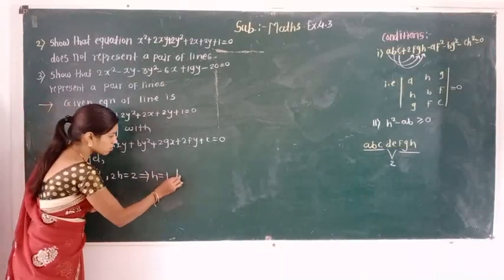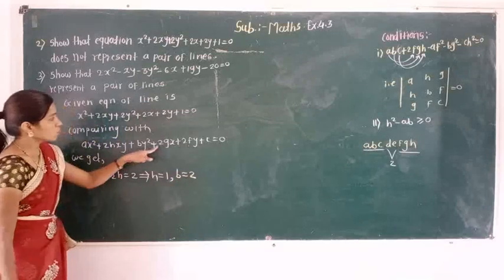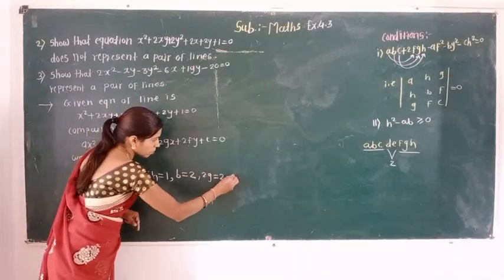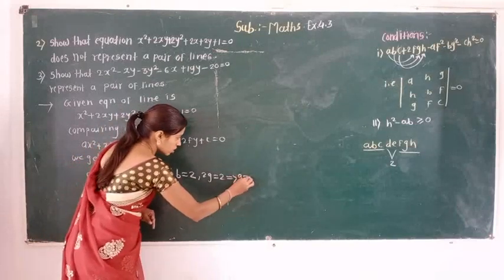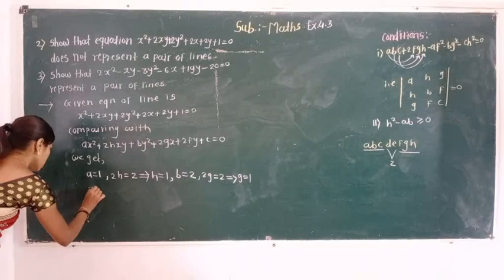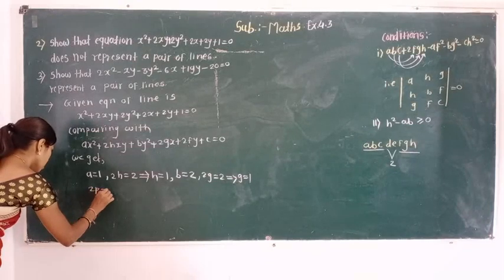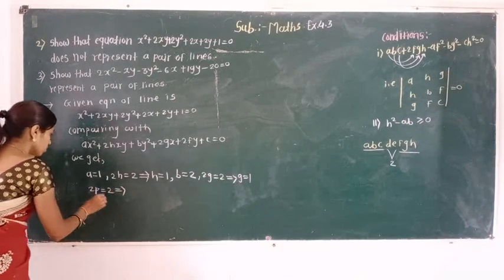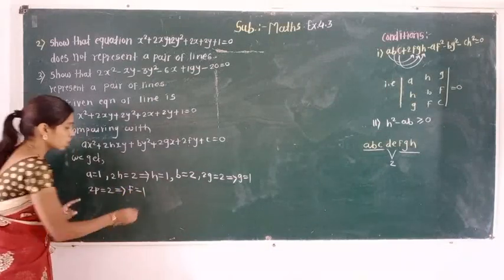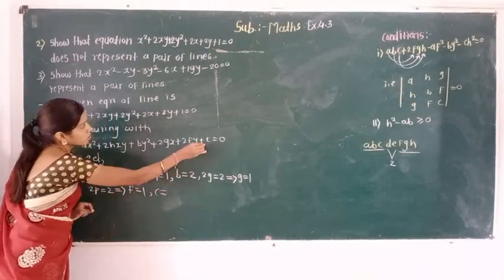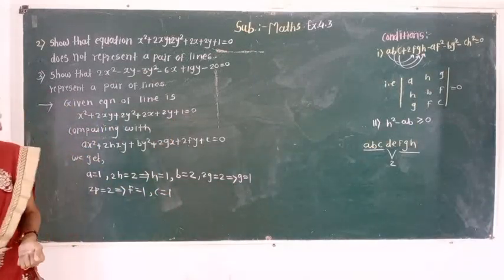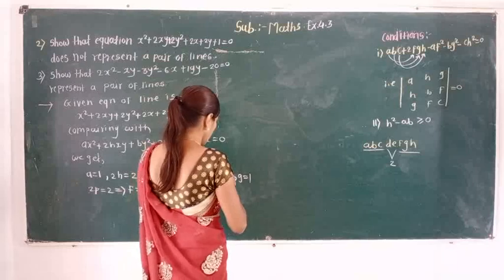The value of b is 2, 2g is 2 implies g is 1. 2f is 2 implies f is 1, and c is the constant 1.